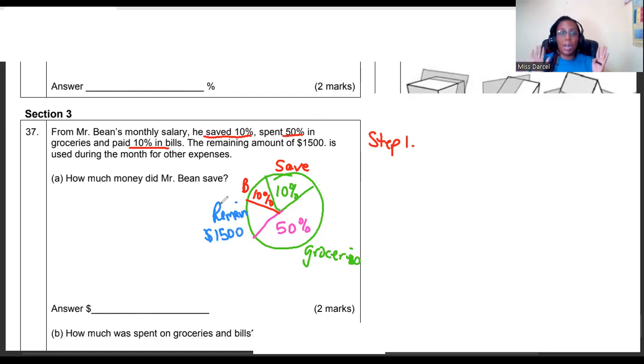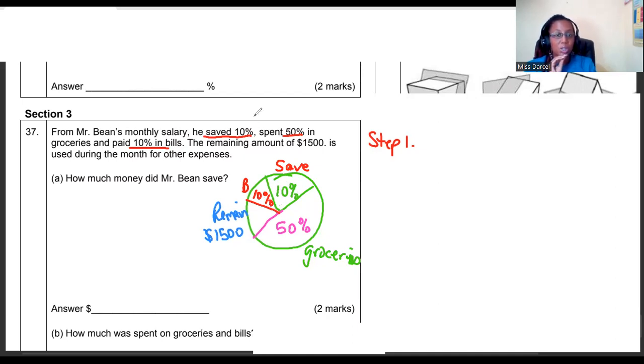I like to do a visual representation of what the question is asking. That helps me figure out what I have to work with. Based on the pie chart here, we have a visual representation.